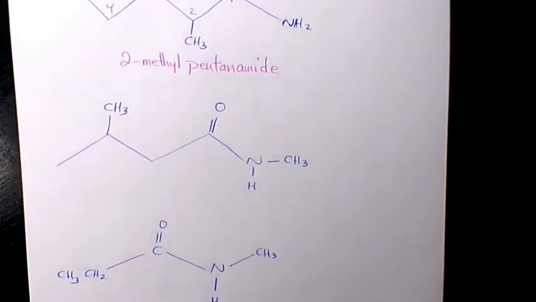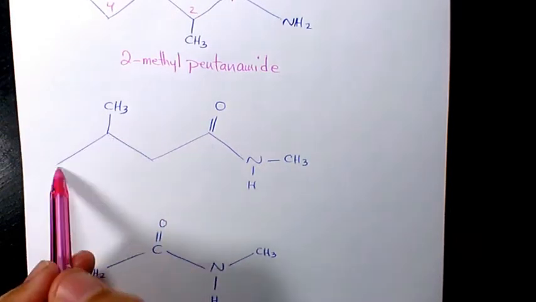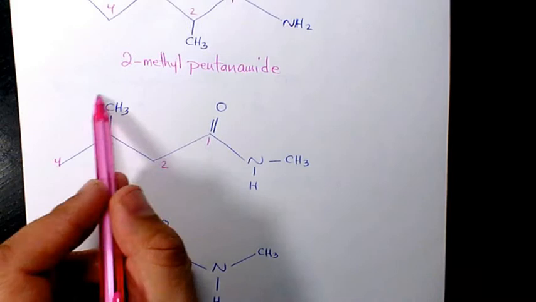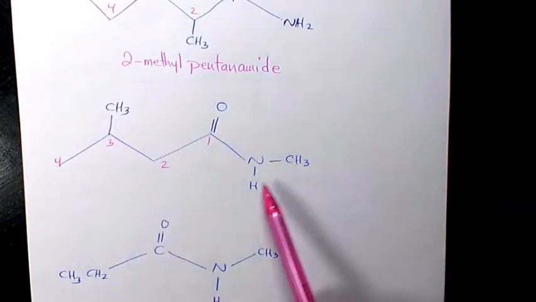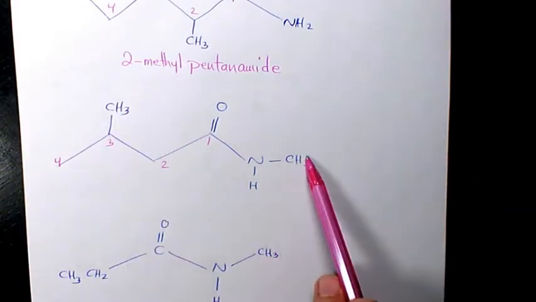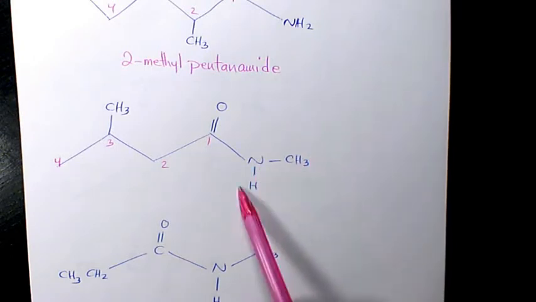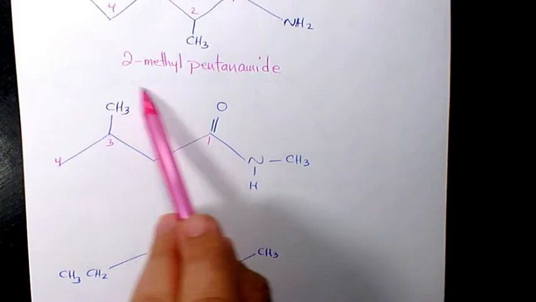Next one, we have 1, 2, 3, 4. We have methyl groups, and as you see here, one of these two hydrogens is substituted with a methyl group. So this side is different from the other side.